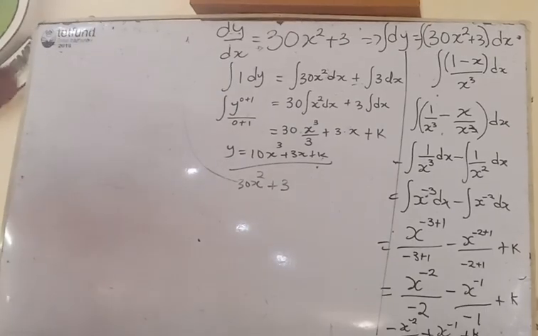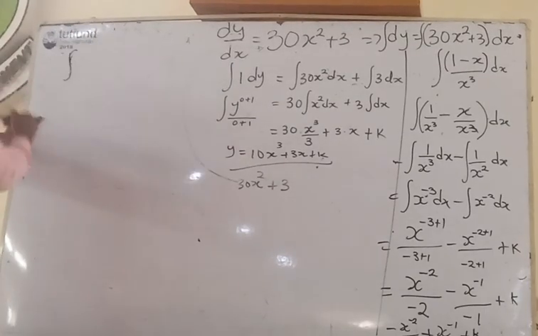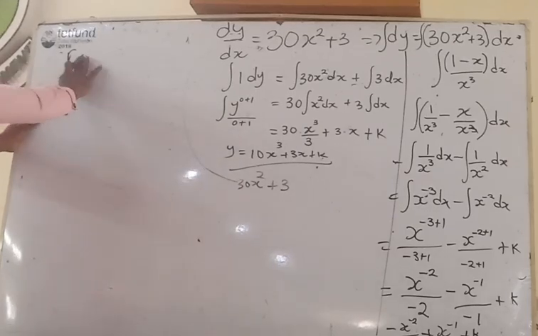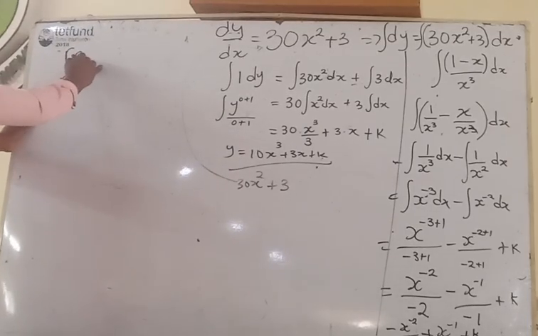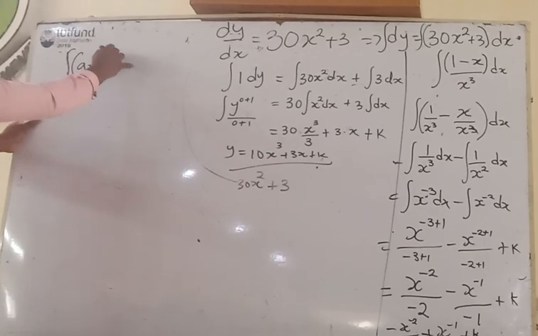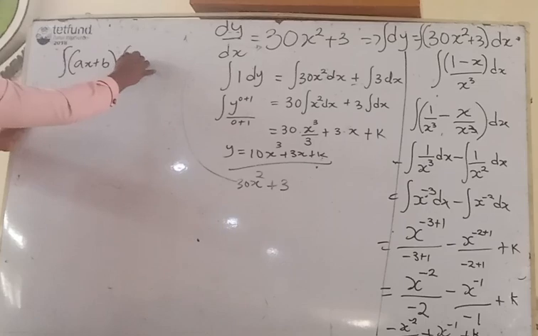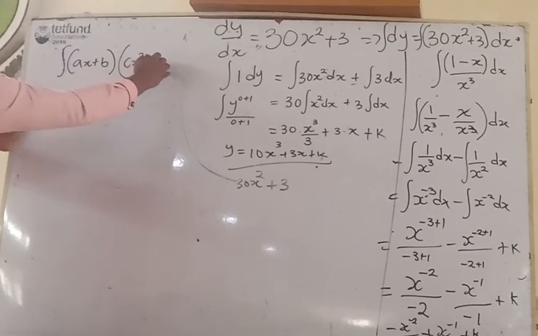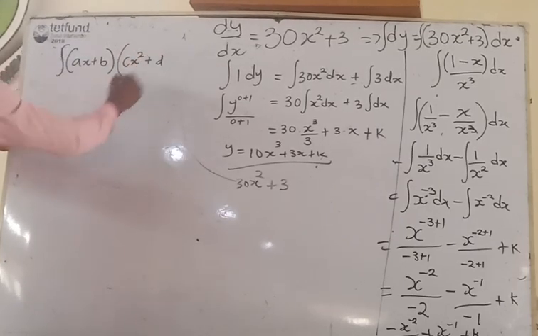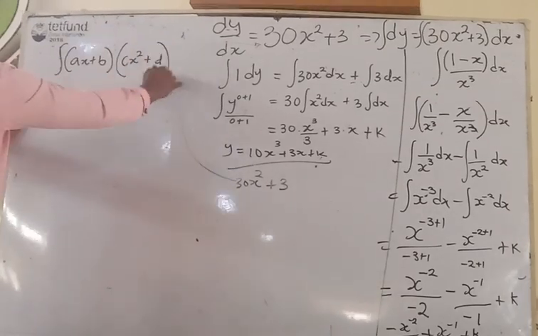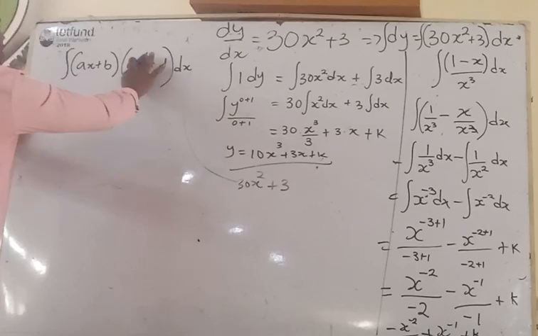This is what I mean. Like, I have integral, let me use variables. I have integral of, let's say, ax plus b, into cx squared plus, let's say, d, dx.